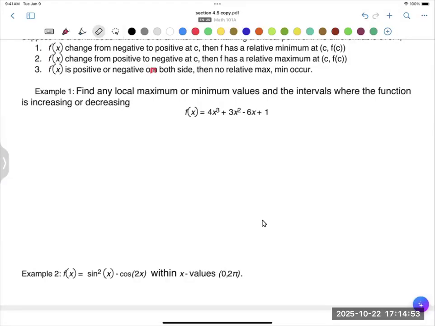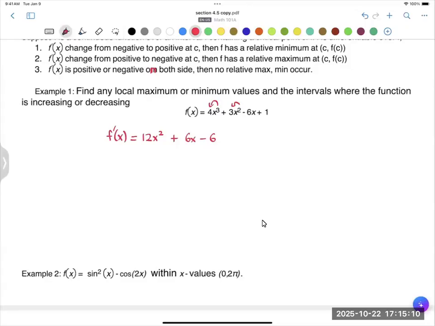So the first step, we're going to check the derivative. So f prime of x will be what? What is the derivative of this? It will be 12x squared plus 6x minus 6.